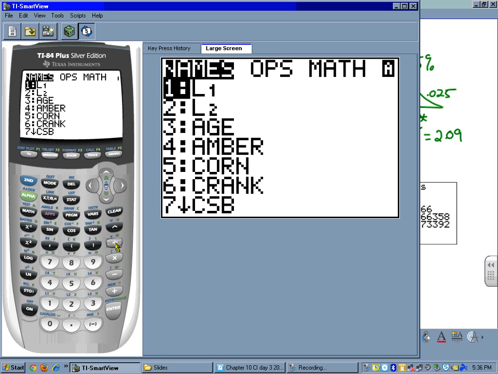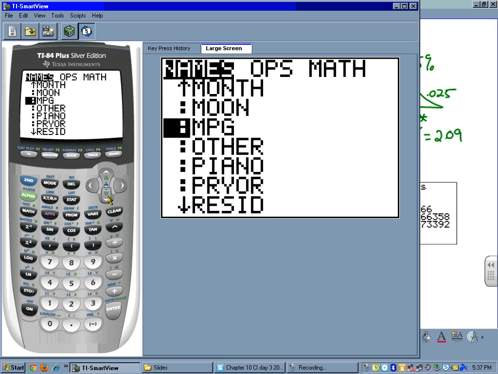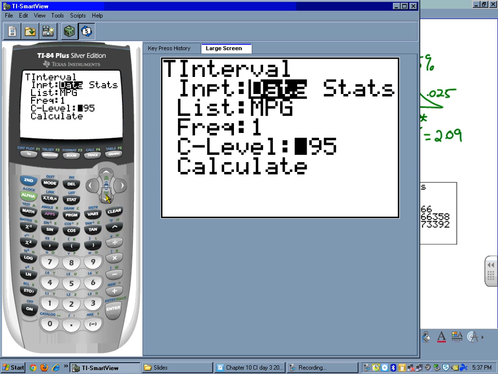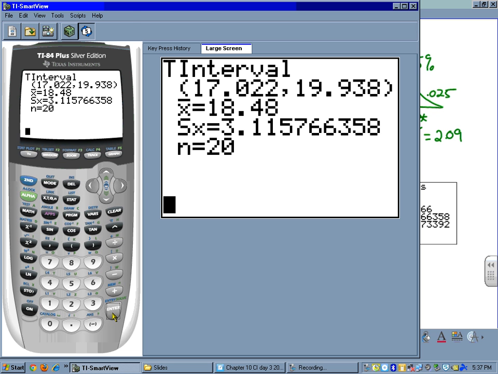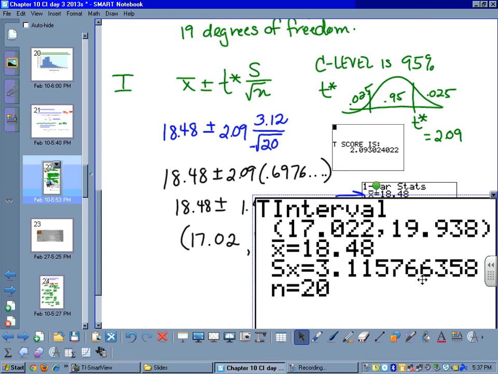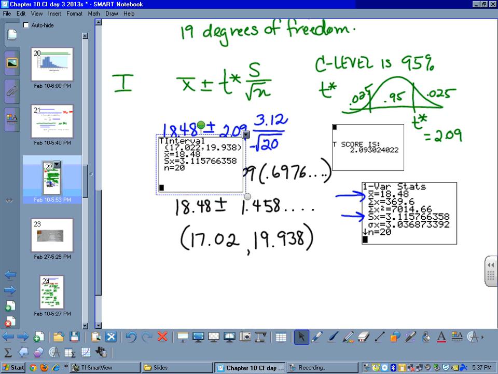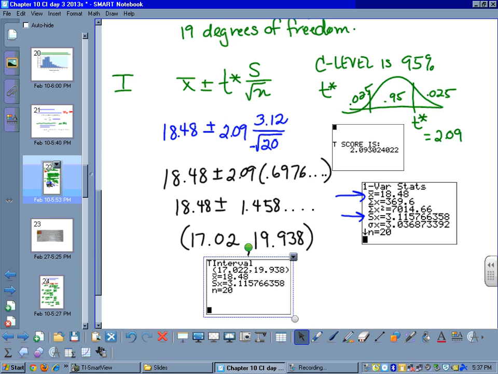So go grab that. And I want to do a 0.95 level. And I want to calculate. So there we have it. It gave me everything that I needed. And it verified that I, in fact, did my math correctly. You can see this number here and that number there. You can also see how it calculated the mean and the standard deviation for us.